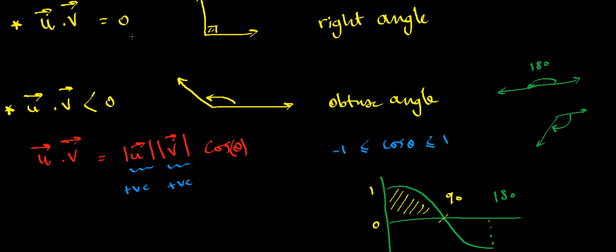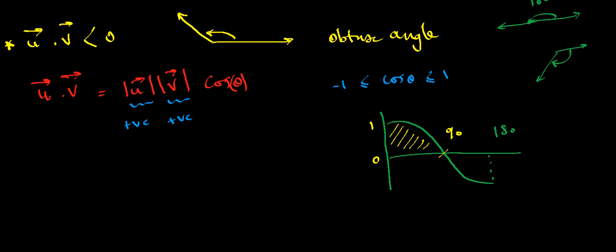So the dot product of two vectors which form a right angle is 0. And finally, if we have an obtuse angle, which means the angle ranges between 90 degrees and 180 degrees, cosine theta would have a negative value, and eventually the dot product would be negative. So that's a really cool thing we could use if we want to find the type of angle just by computing dot products.